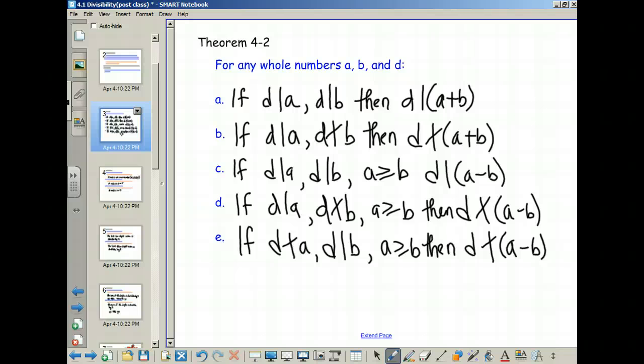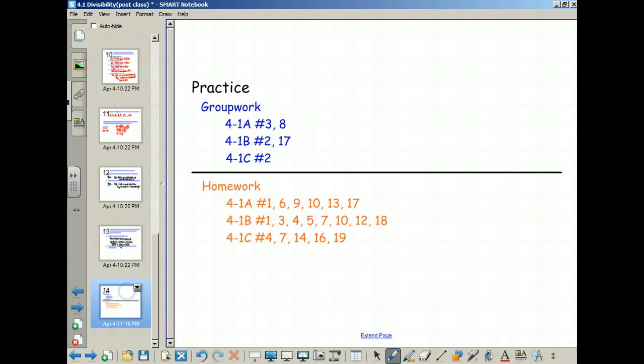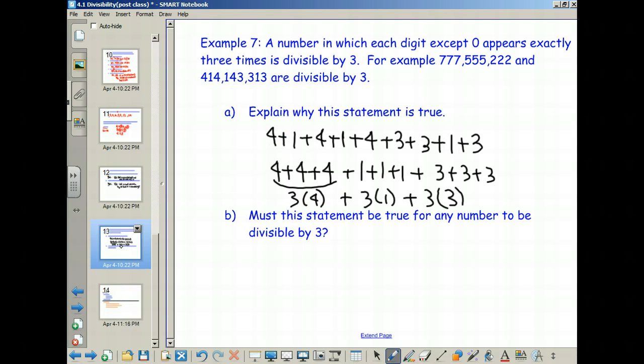Does that make sense? So the fact that they're occurring in groups of 3 matters. Groups of 2 wouldn't work, at least not all the time. Okay? So this is going to work because each value, each number, is divisible by 3.